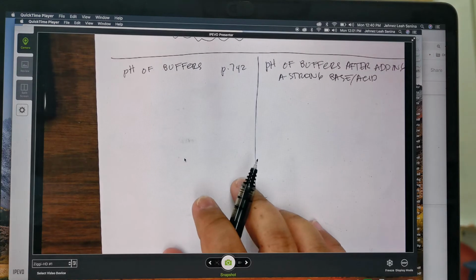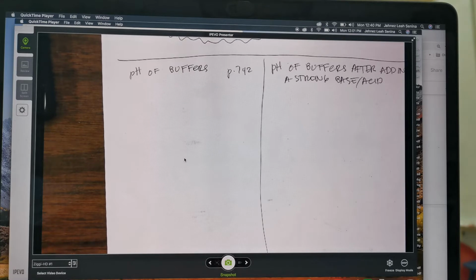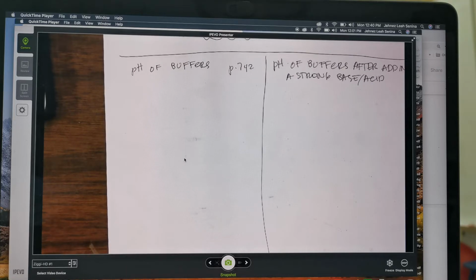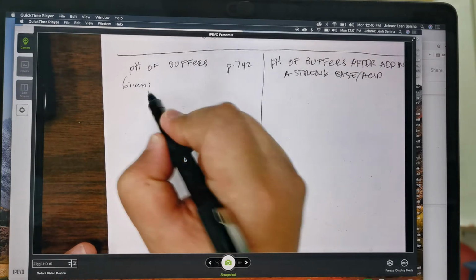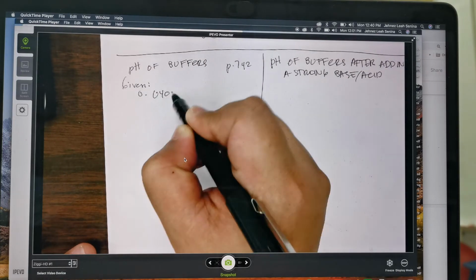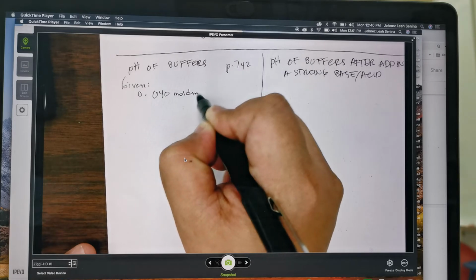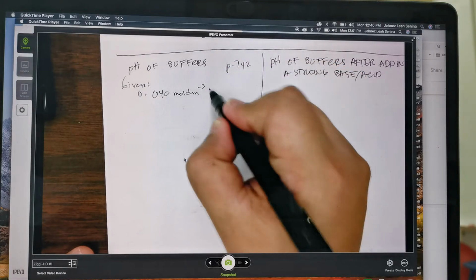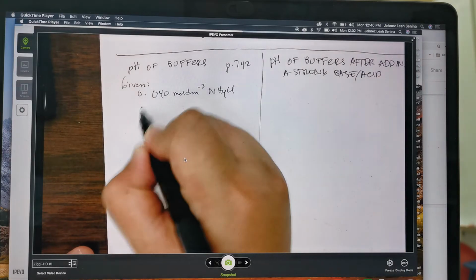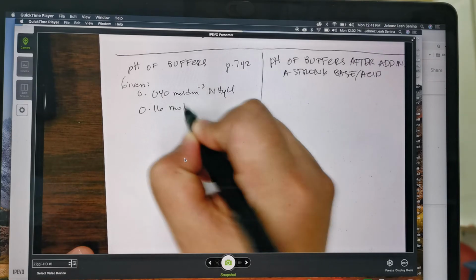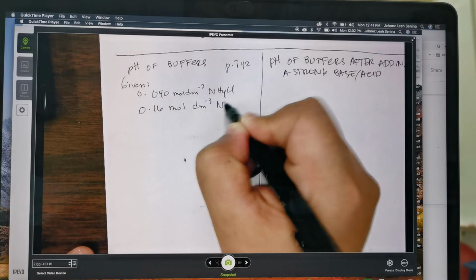All right, so the problem there says an ammonia buffer is commonly used in biochemical experiments when high pH is required. Calculate the pH of your aqueous solution that contains 0.040 concentration of your ammonium chloride and 0.16 mole of ammonia.